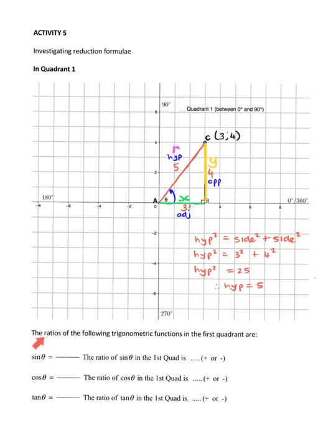So let's fill in what they want us to fill in. The ratios of the following trigonometric functions in the first quadrant are. From the reference angle, sine, normally we would say opposite over hypotenuse. Using these new letters, sine is y over r.